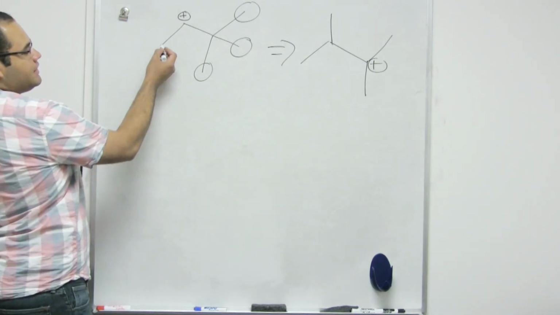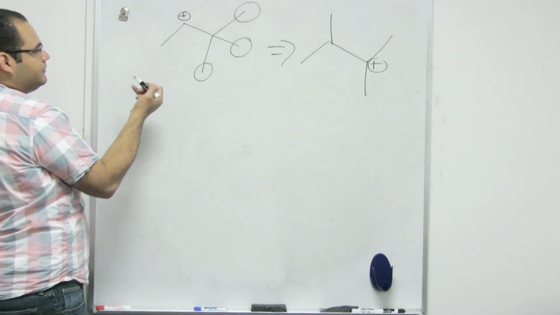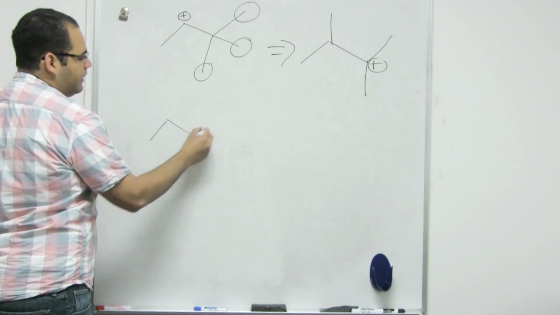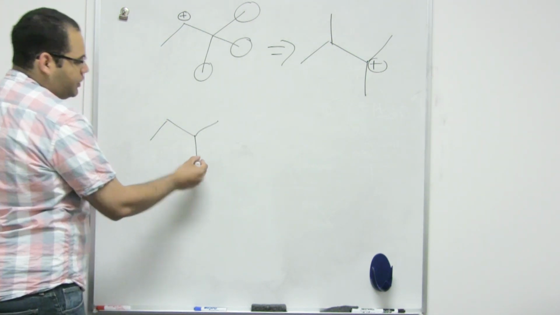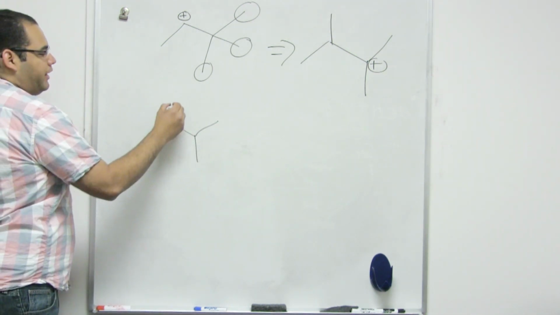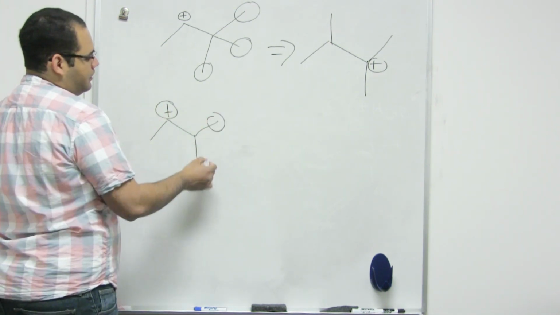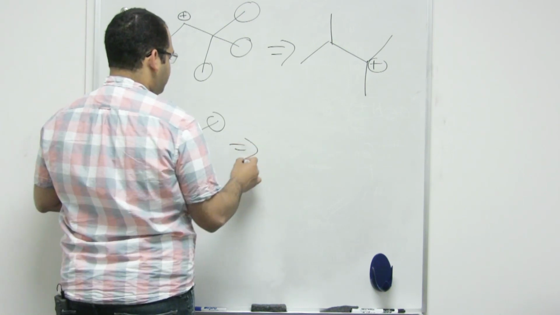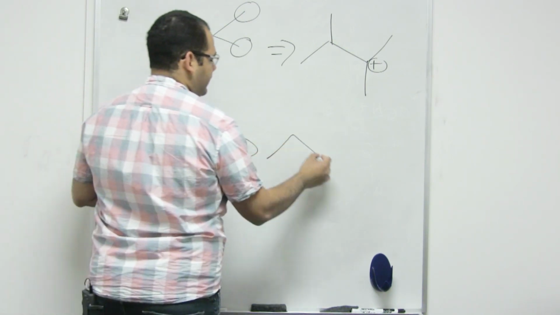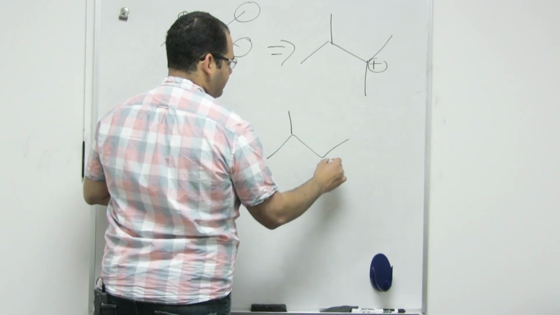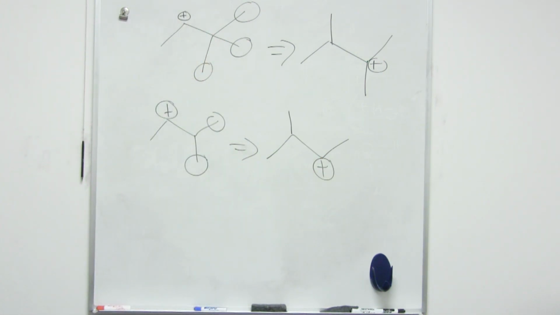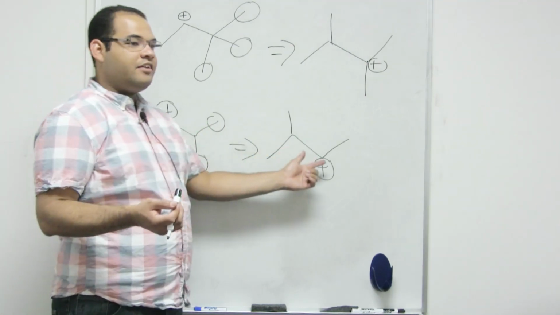And I could have the same thing happen on this side. Well, not really, that's the primary. Now I have the second situation there, and I have the same carbocation here. If I make one of these methyls move to this side, I get the same molecule. It's still secondary, switching to secondary.